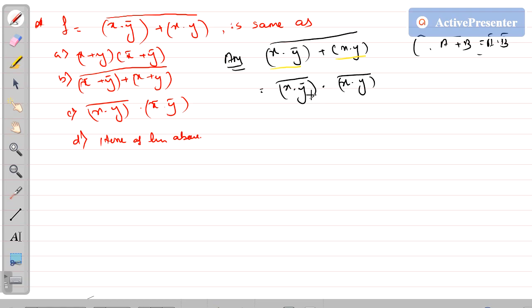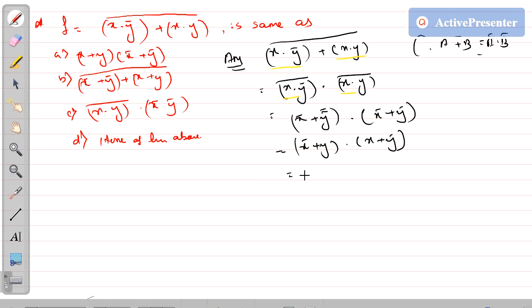Again applying De Morgan's theorem to this one and this one, we can write x bar plus y bar bar into x bar plus y bar. This gives finally x bar plus y bar of bar, and the complement of complement is the same, so x bar y into x plus y bar.